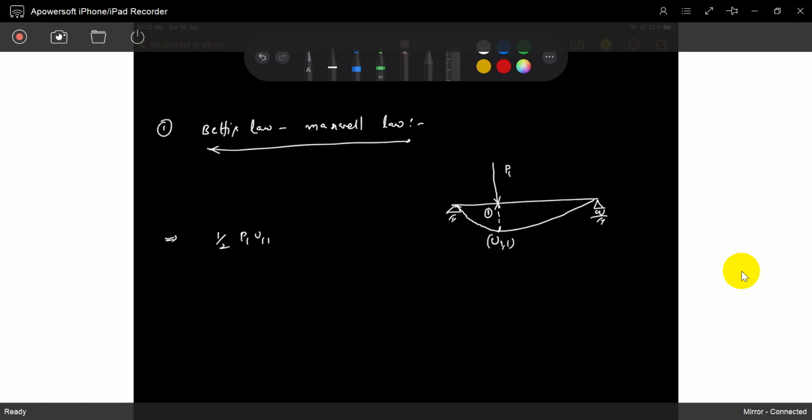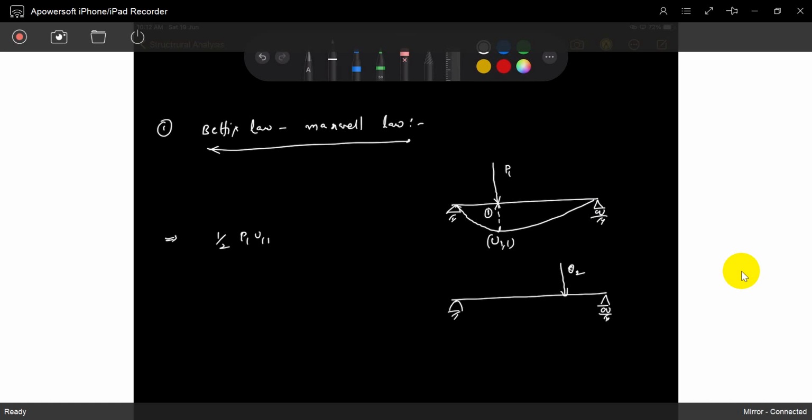Now see the same beam, same characteristics. If you apply a load somewhere else, call it Q2. I could take it as P2, but just for differentiation of the two different loads, I call it Q2.